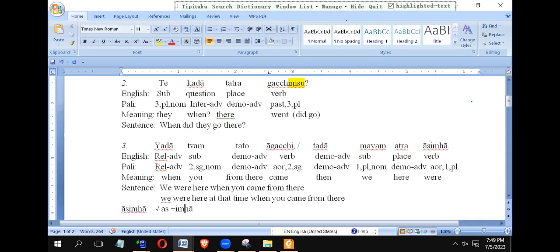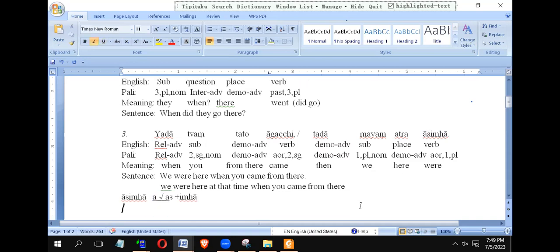And then what should you put in front? The a, short a, becomes long a. Okay, good. So is it difficult?